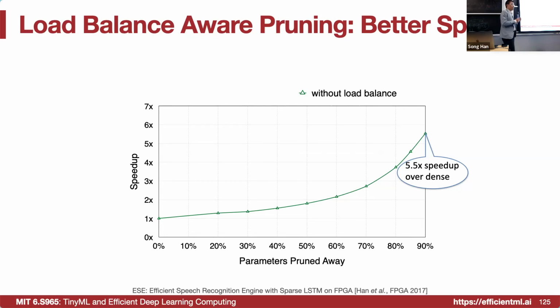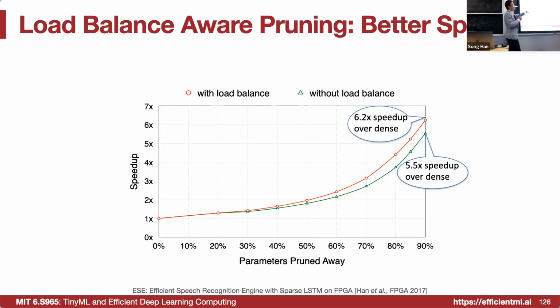But comparing the speedup, remember when we are not load balanced, there will be some extra work: the fast PEs have to wait for those slow PEs. Therefore, we have a 5.5x speedup. But if we have load-balance-aware pruning, we can have a higher speedup, 6.2x over the dense model without hurting the accuracy.